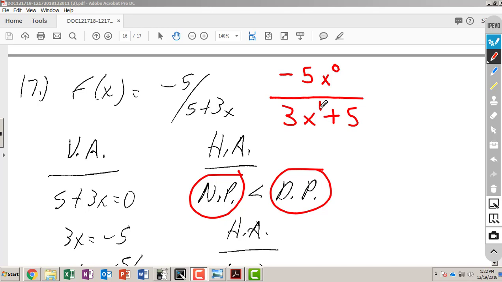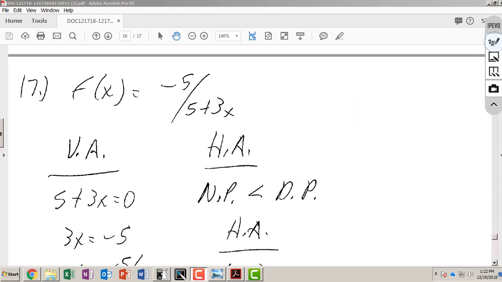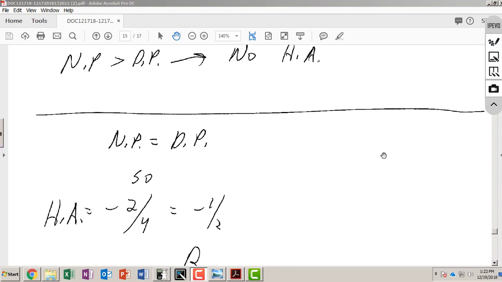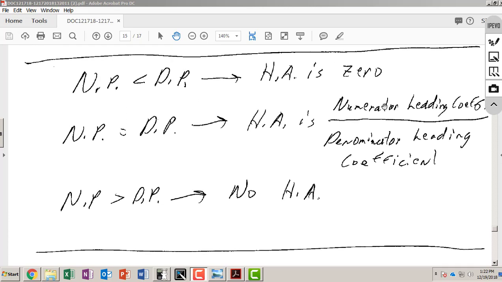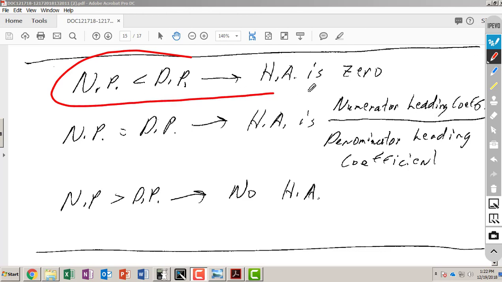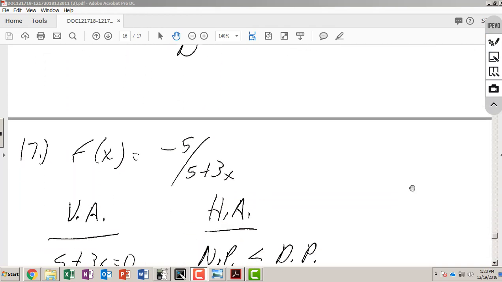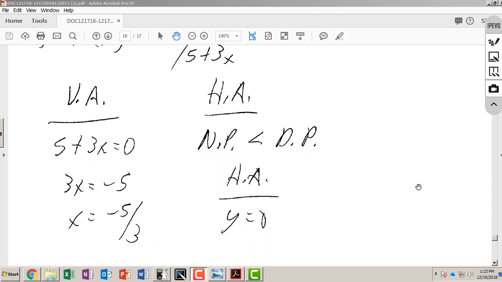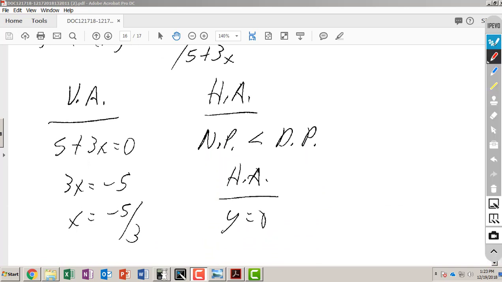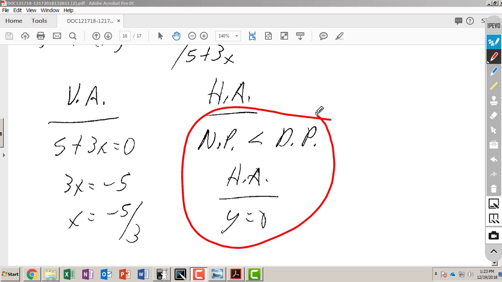So I know that my numerator power is less than my denominator power. If I refer back to my rules, this matches the rule which says that when the numerator power is less than the denominator power, your horizontal asymptote is 0. So as I go back to my problem, my horizontal asymptote is at 0.